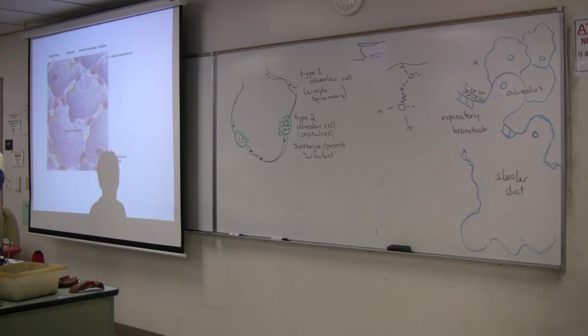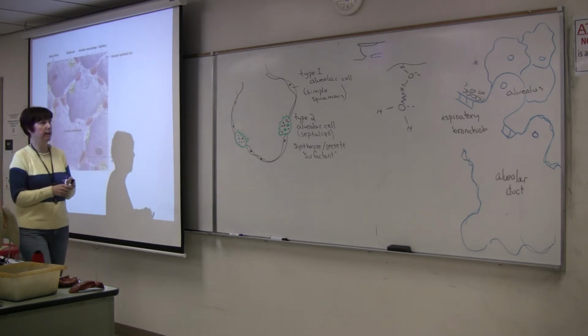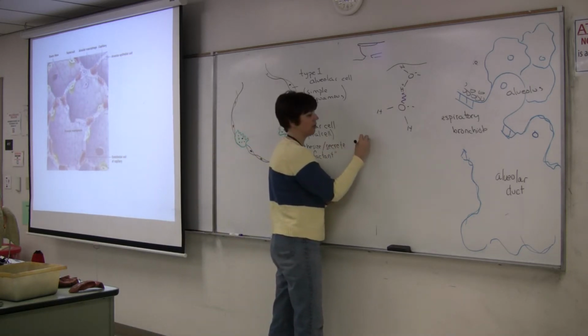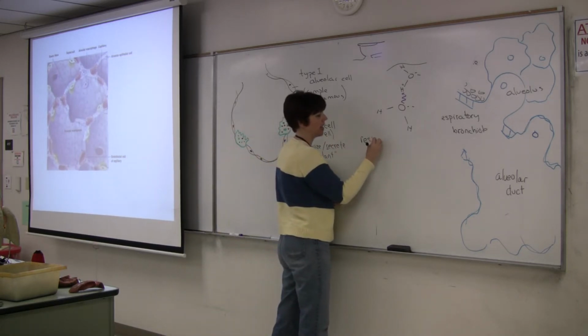And the next time it has to take a breath, it has to break all those bonds again. This is what happens in newborns that are born too early, that haven't produced sufficient surfactant. They use up a lot of energy trying to break those bonds every time they take a breath, and that is known as respiratory distress syndrome, RDS.